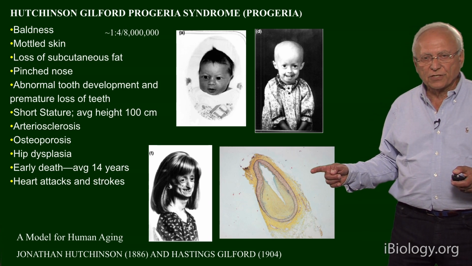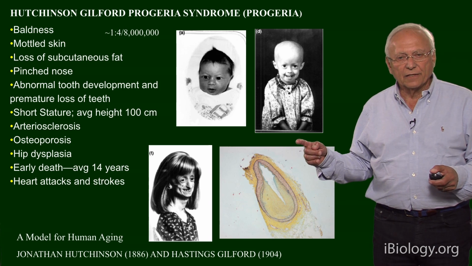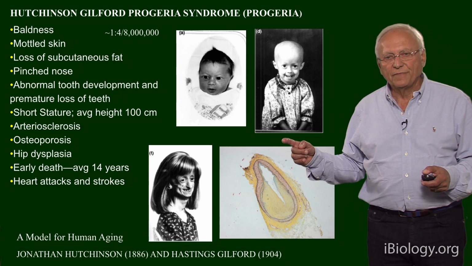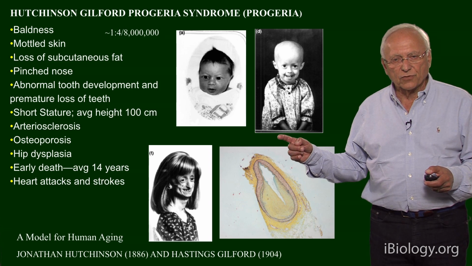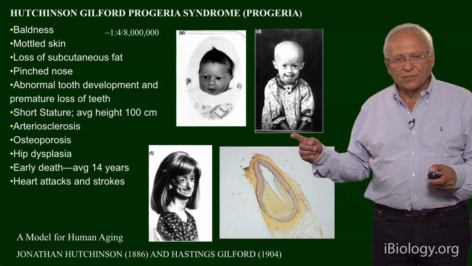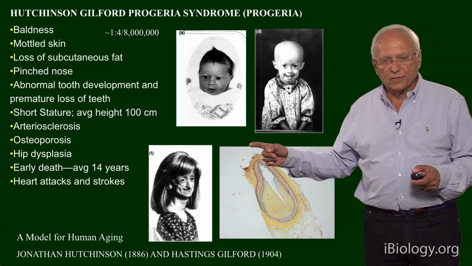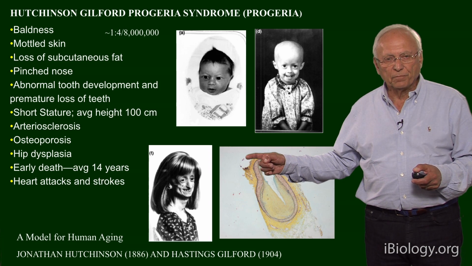Hutchinson-Gilford progeria syndrome, or progeria, if one looks at the clinical phenotype, you find that children are born normal looking, and typically begin to lose their hair at 12 to 18 months. This is the same young girl progressing through the disease. These three images are of the same patient with progeria.